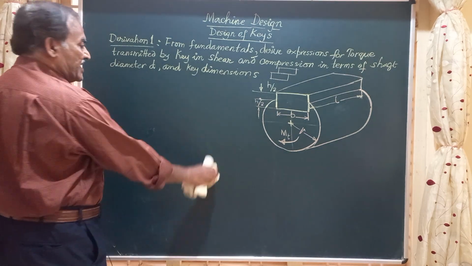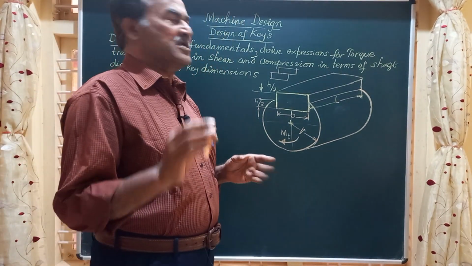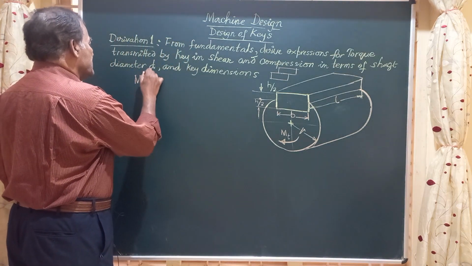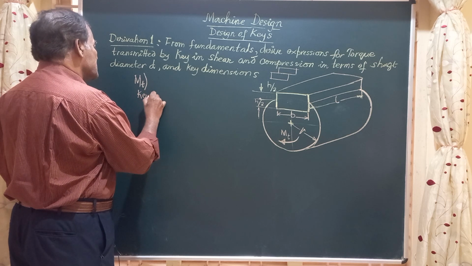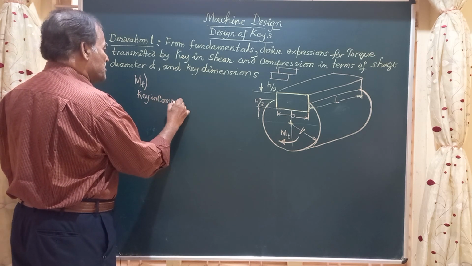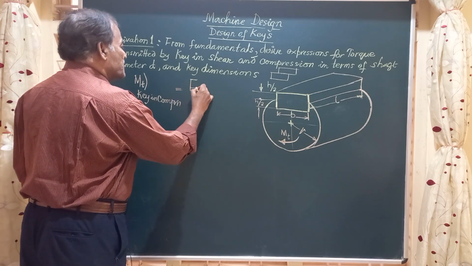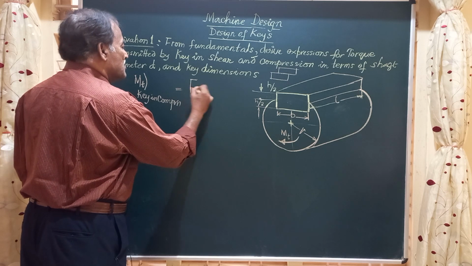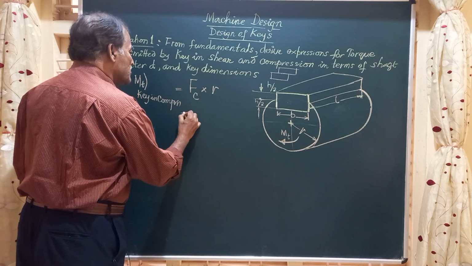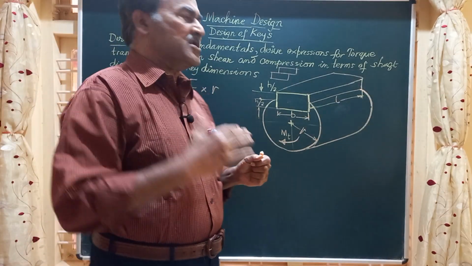Friends, on the same lines, let us consider the failure of the key in crushing or compression. So Mt of the key in crushing or compression is given by the formula: F crushing, the load under crushing, multiplied by the radius. This is equal to the area under crushing multiplied by the crushing stress, which we designate as sigma C. What is the area that gets crushed?